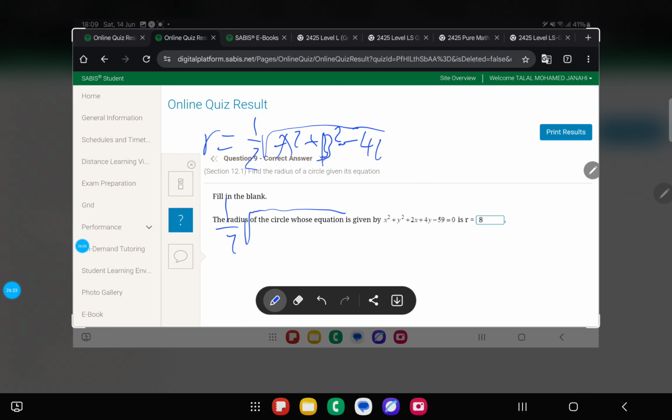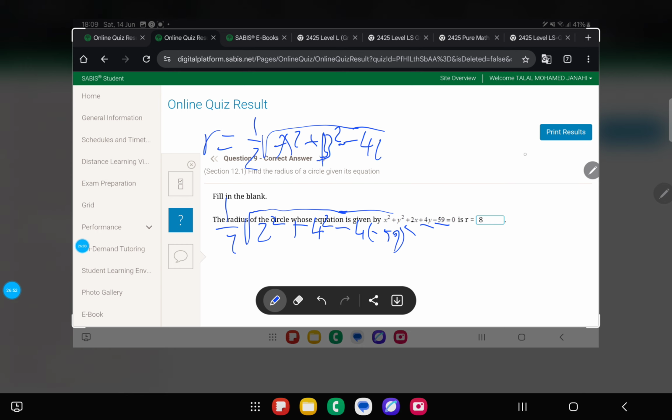1 over 2 radical a squared, a here is 2 squared, plus b, which is 4 squared. Now the constant c, minus 4 times negative 59. Okay, so solve this in the calculator or manually. 2 squared is 4 plus 16 minus 4 times negative 59.